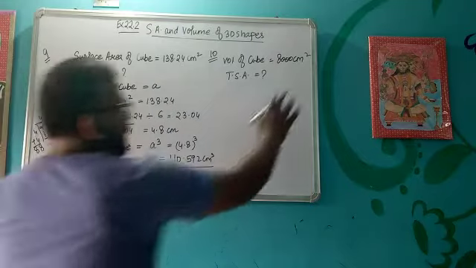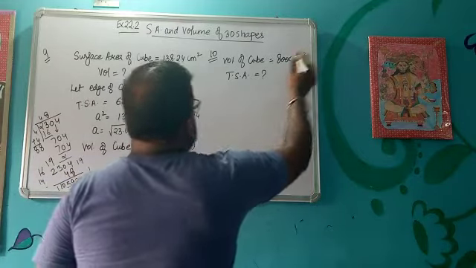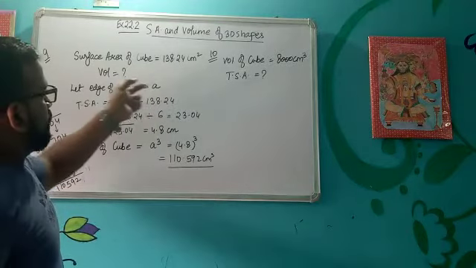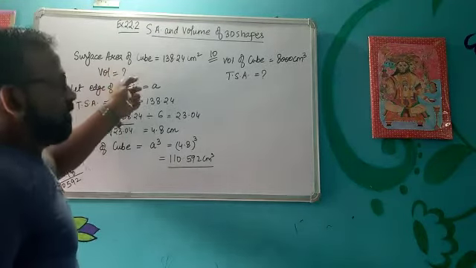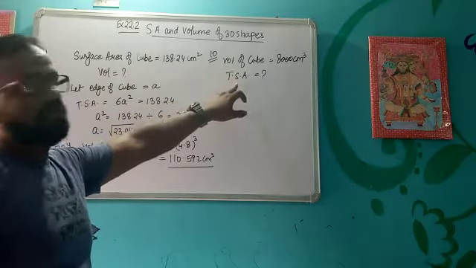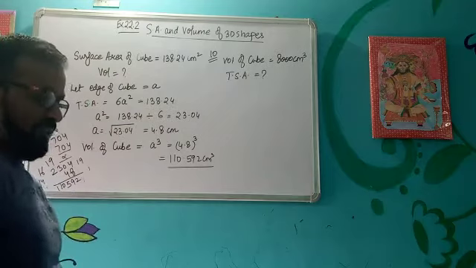Okay, so in the previous question, surface area was given, and with the help of this we have to find the volume. In this, volume is given, and with the help of this we have to find the total surface area.